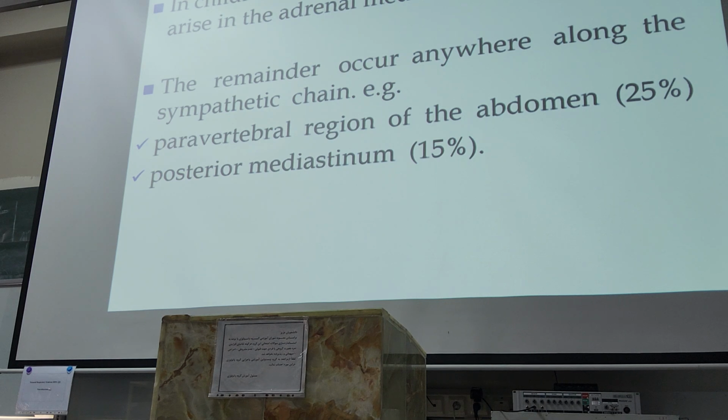So the prevalence is first in the adrenal medulla, and second along the sympathetic chain in the body, more frequent in the abdomen and less frequent in the mediastinum.